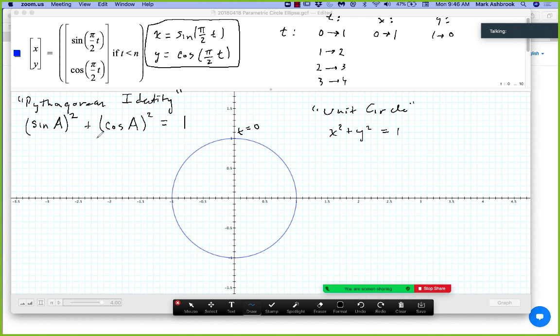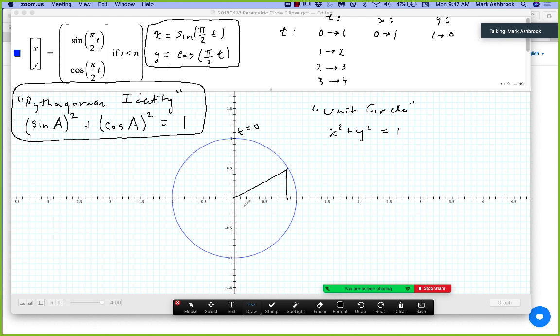And that works as long as the arguments of sine and cosine that you're using are identical. If you have a different argument, meaning a different thing that cosine or sine is operating on, then it won't work. But as long as these are exactly the same, you'll always have this relationship as true. And it's really just the Pythagorean theorem, right?